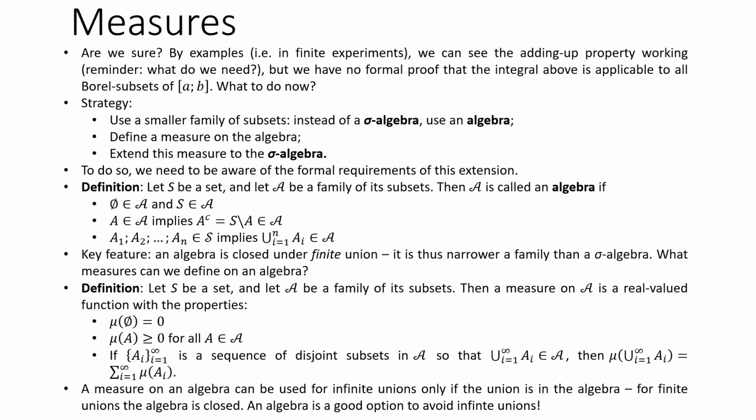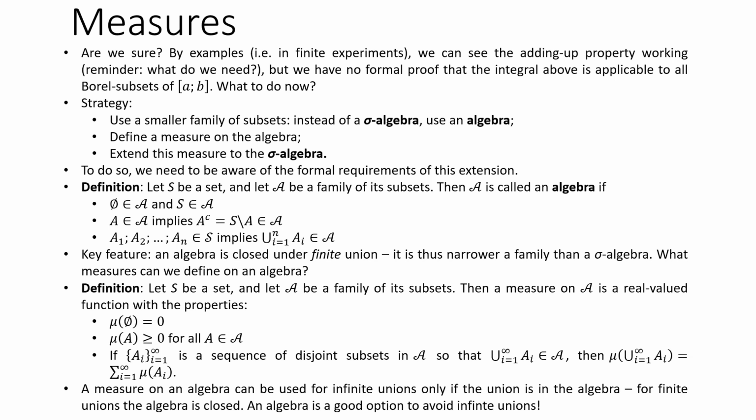So first we will define the algebra, then we will define a measure on the algebra, and as the final step, we will extend this measure from the algebra to the sigma-algebra. So, plainly put, the sigma-algebra may be too big to define a measure on. So instead we will use a smaller family of subsets. We will define a measure on the algebra, and we will extend this measure to the sigma-algebra.